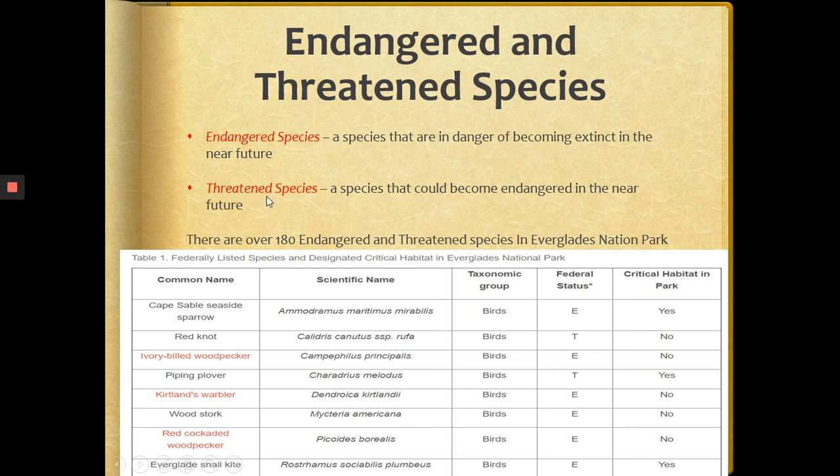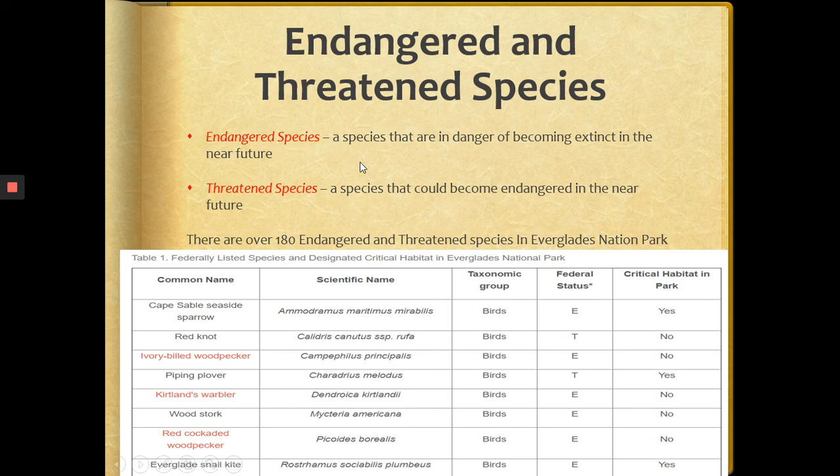So if we look at the levels of these classifications, we have threatened, and if they continue to lose individuals from that species, they can be classified as endangered.